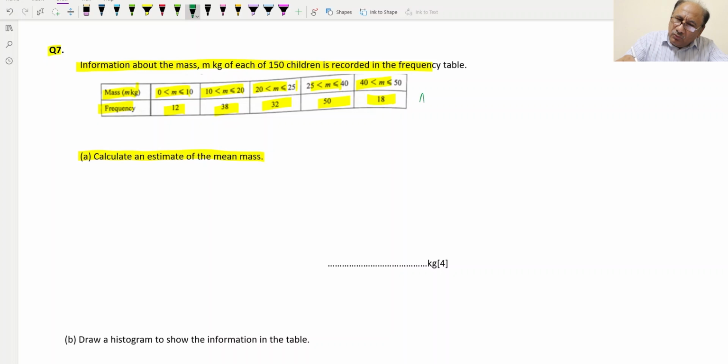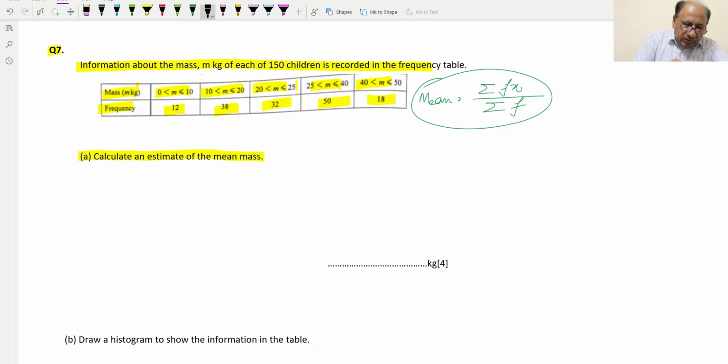Mean mass we know is mean equal to sigma fx over sigma f. So this is the formula which we'll be using.